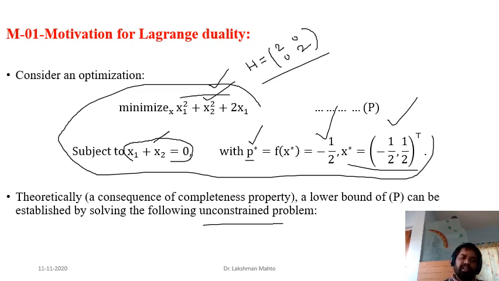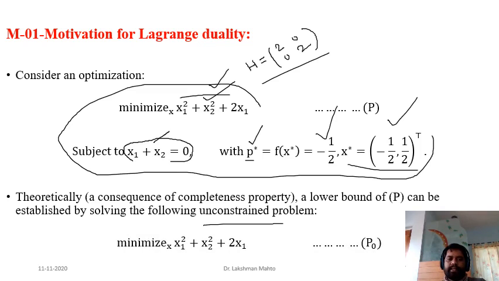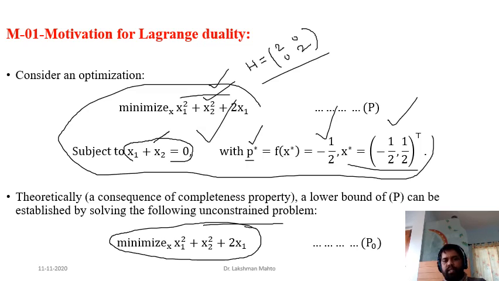It is a very simple consequence of the completeness property, or even from real analysis you come to know. So if you remove the constraint, we relax the constraint, and this unconstrained problem will have a lower optimal value than the given problem. That is why we denote this unconstrained problem by P naught.